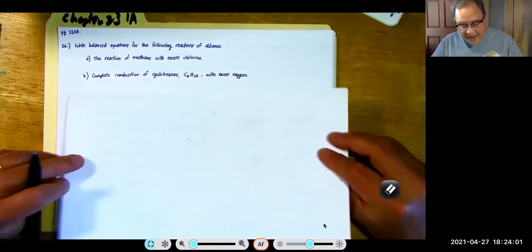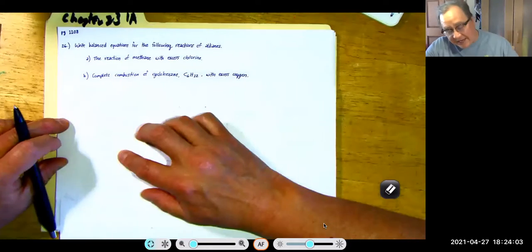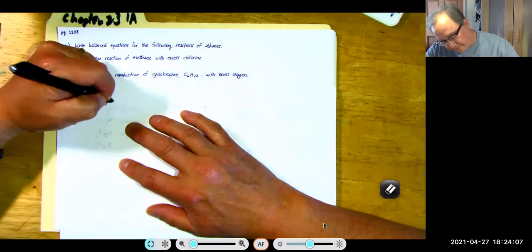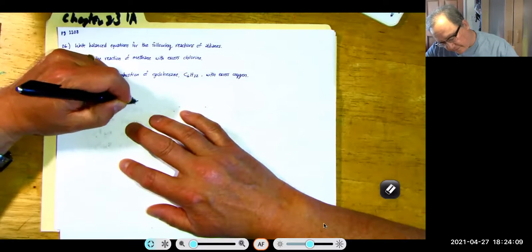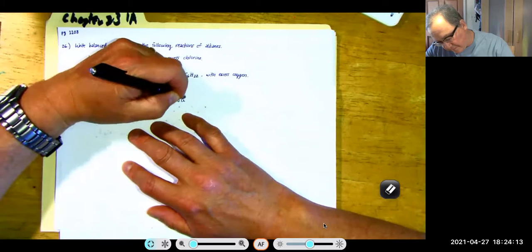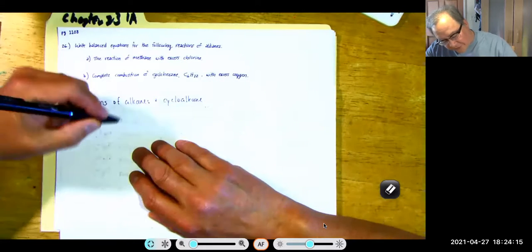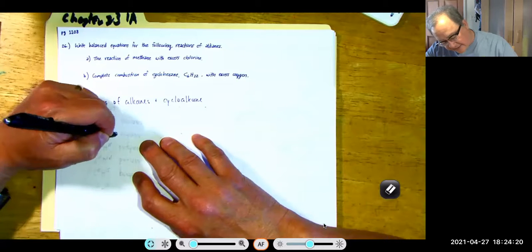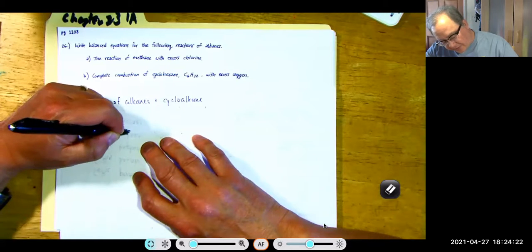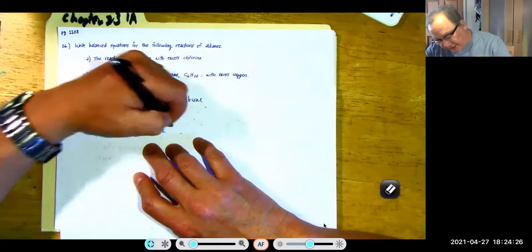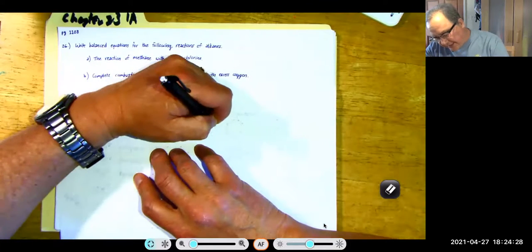And let's look at reactions of alkanes and cycloalkanes. So what happens with alkanes is you have CnH2n+2, and you react it with oxygen, you're going to get CO2 and H2O.